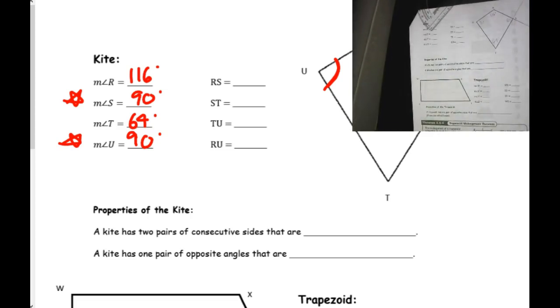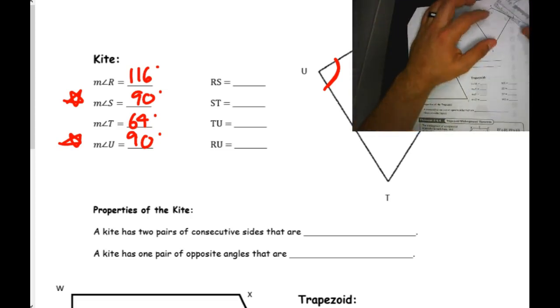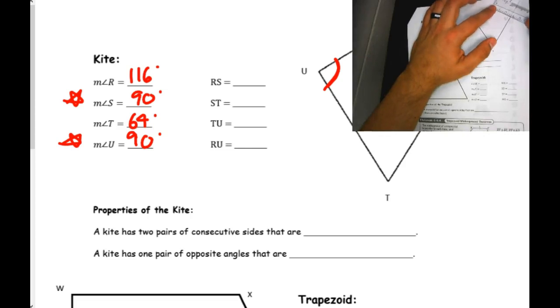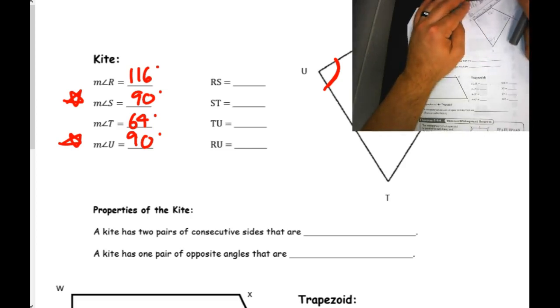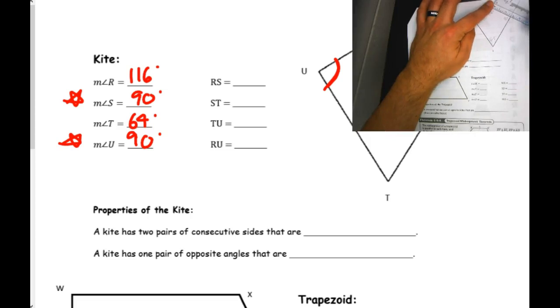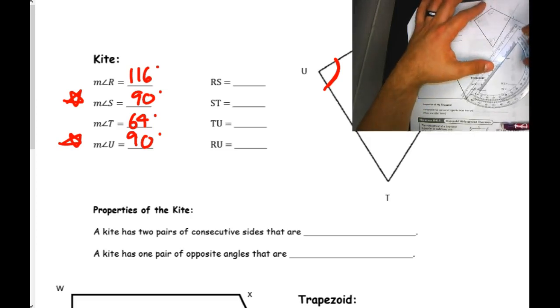Let's measure RS. RS is about 1.5, and so is RU. It's more 1 3/8, I guess. Yeah, 1 3/8. And then ST is about 2 1/4.